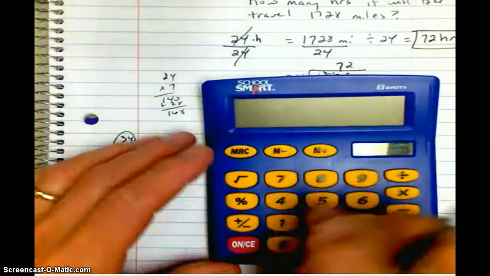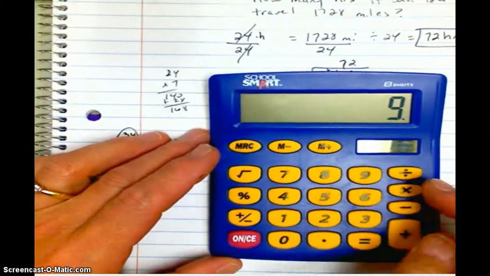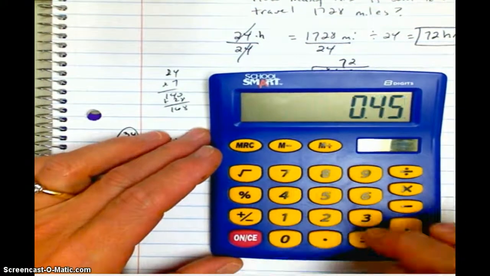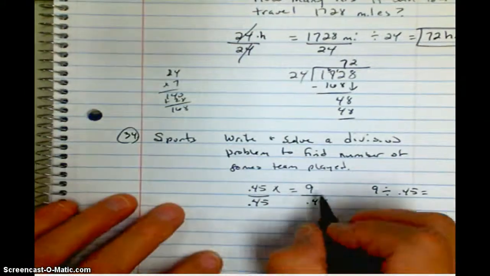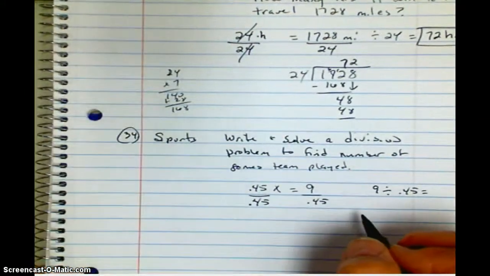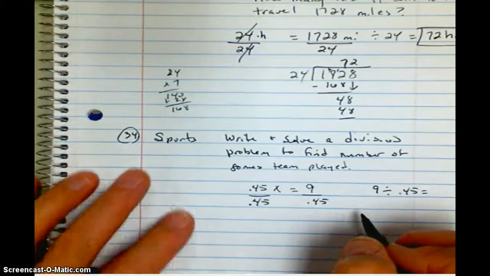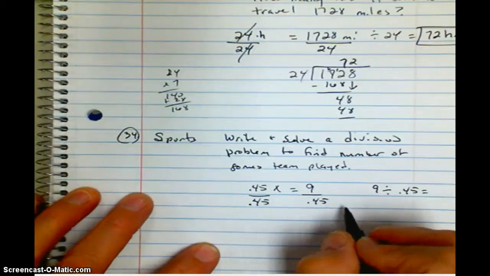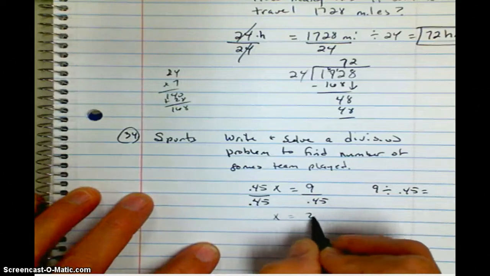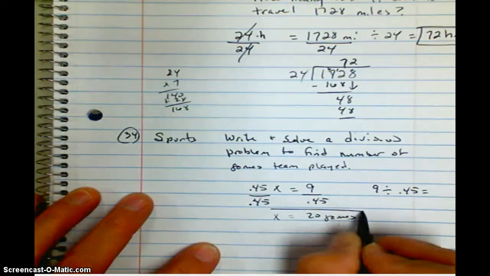Let's figure that out. 9 divided by 0.45 is equal to 20. So the team actually played 20 games. And so x is equal to 20 games.